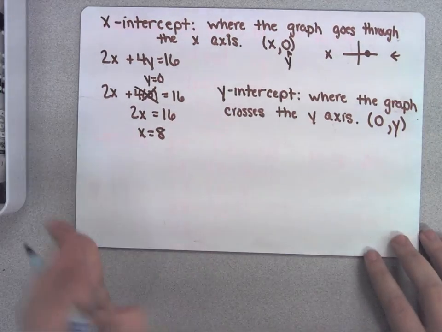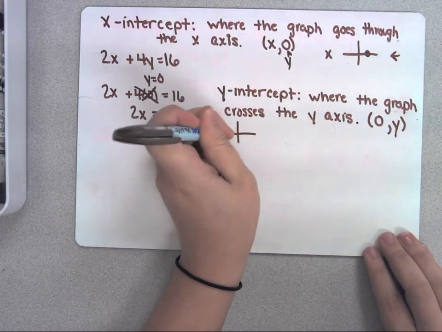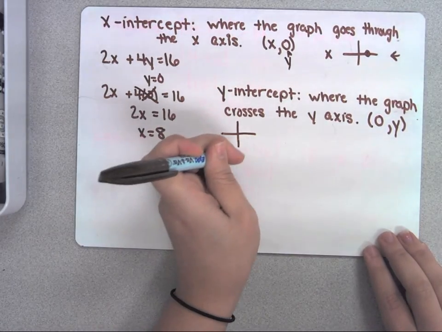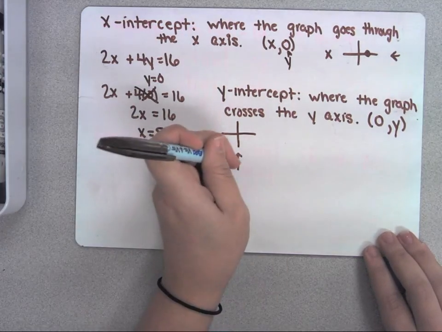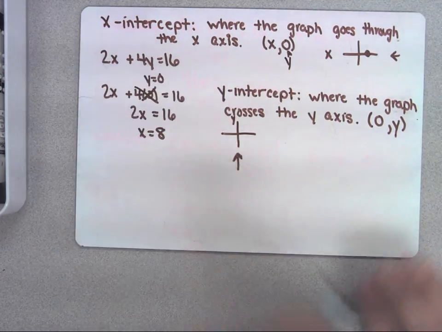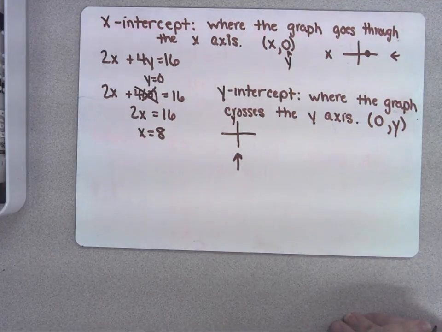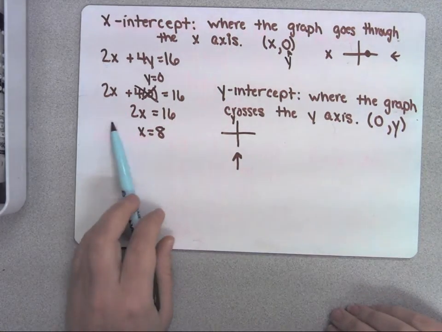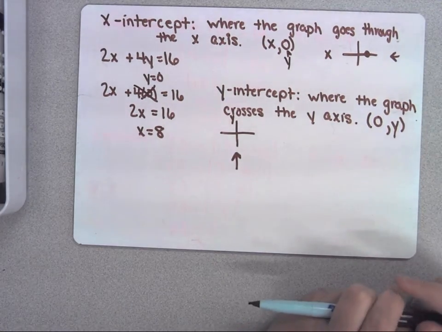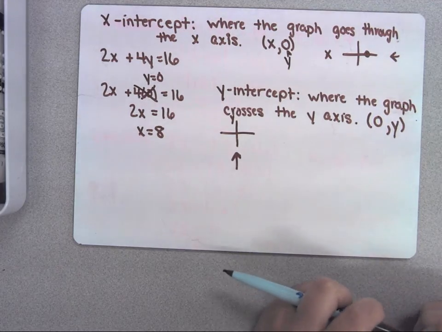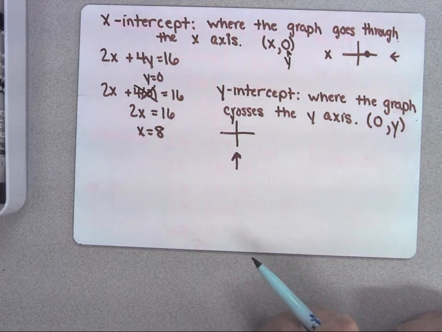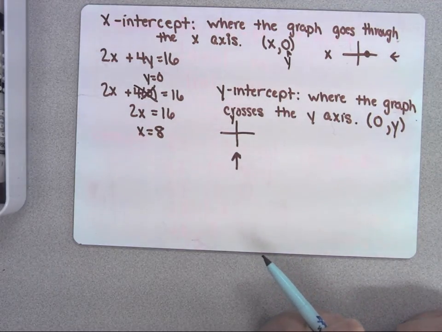And again, if we're thinking about a graph, we can use our eyeballs and go, okay, that's my y-axis, the up and down one. Remember, y has a tail. And if we're looking at the same exact equation, what am I going to do to find my y-intercept? Plug in 0 for x, right?